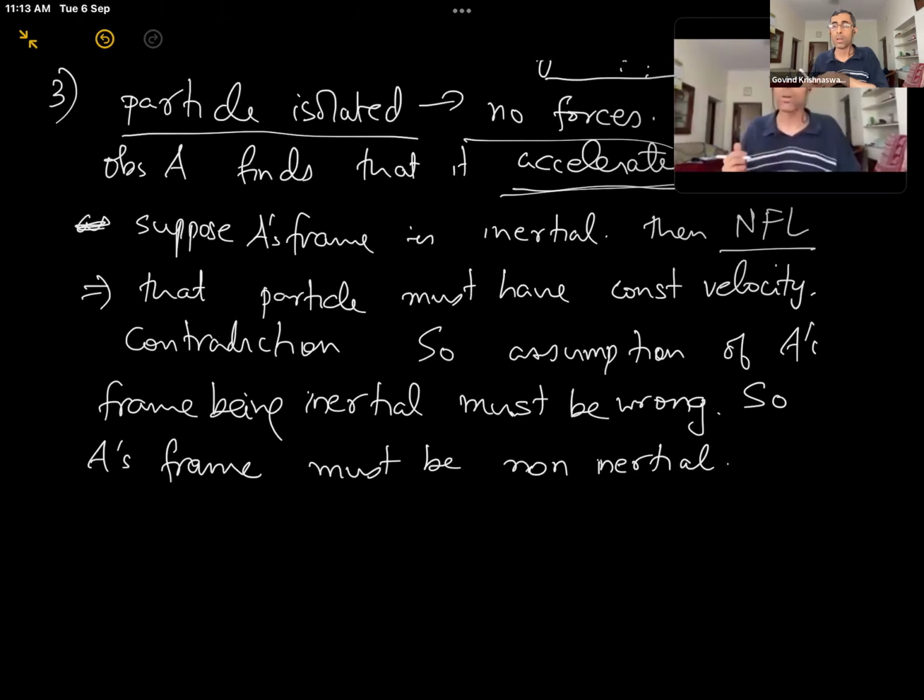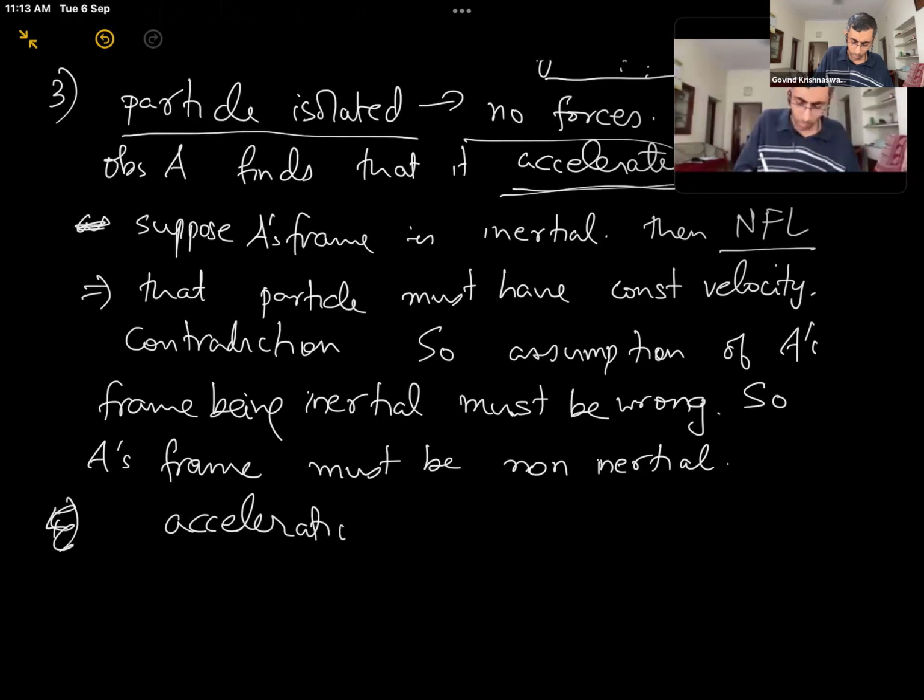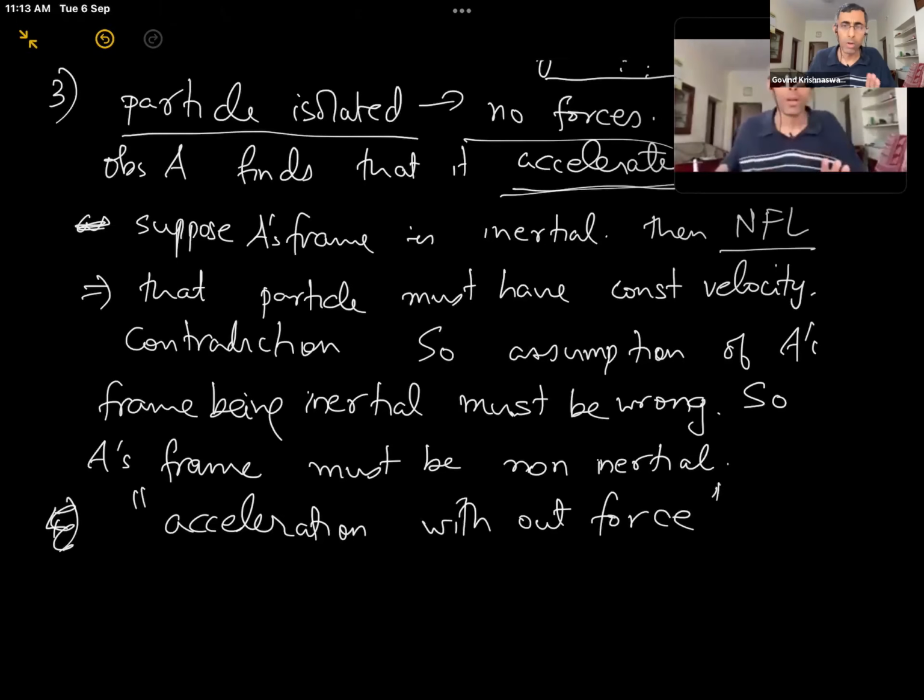Okay, if not, let us proceed to the next question, which is 4. So 3 is basically concerning acceleration without force. Just to give a slogan, what we have discussed in problem 3 is an observer noticing acceleration without any force.